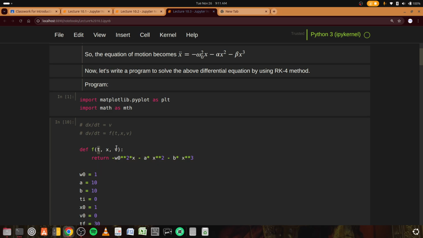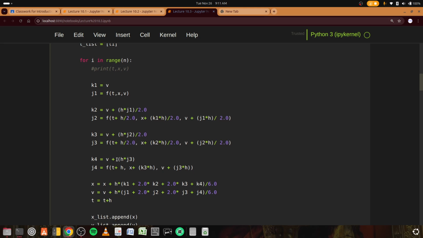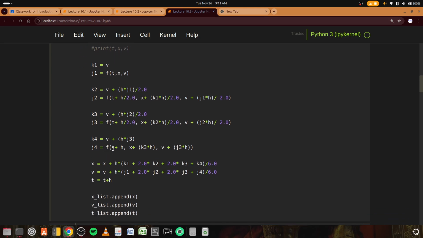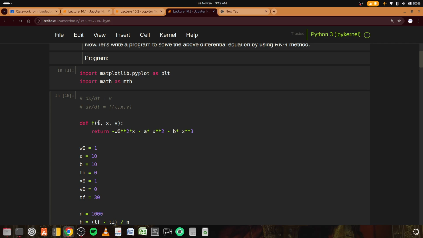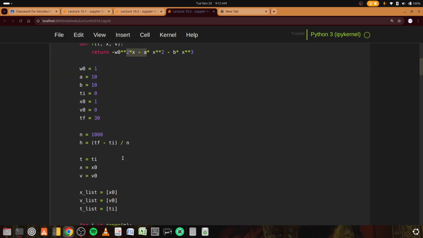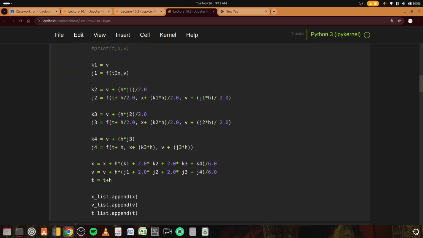This t and v are not present, but we are writing them for the sake of convenience, to understand it better, right? This t plus h and this v equals v plus J3 h is not present in the function. Only x is present in the function, but we are still writing them for the sake of convenience.